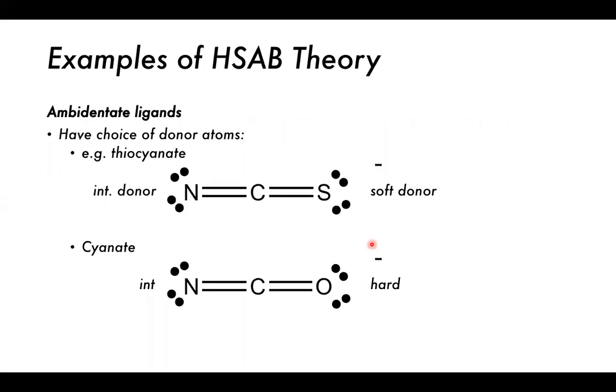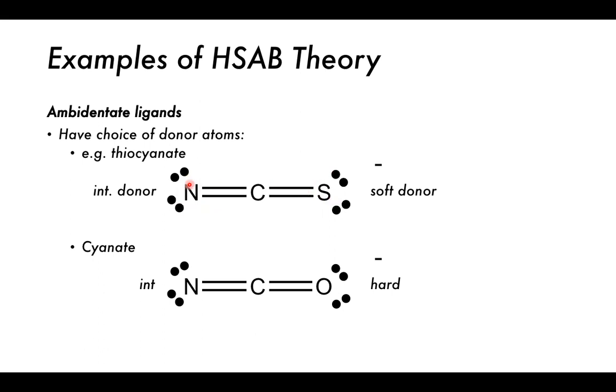So we can see here examples of hard soft acid base theory in action. That's especially obvious in cases of ambidentate ligands, where we have a choice of donor atoms. So we have thiocyanate here, SCN or NCS: if it's bonding through the S, it's going to be thiocyanate, and if it's bonding through the nitrogen, it's going to be isothiocyanate.